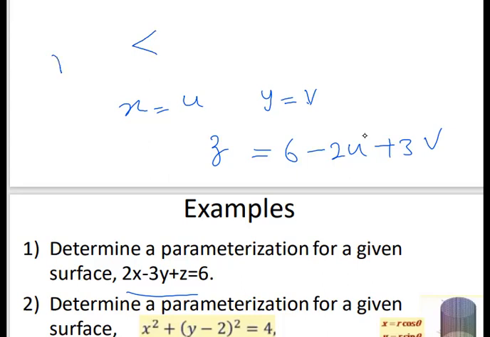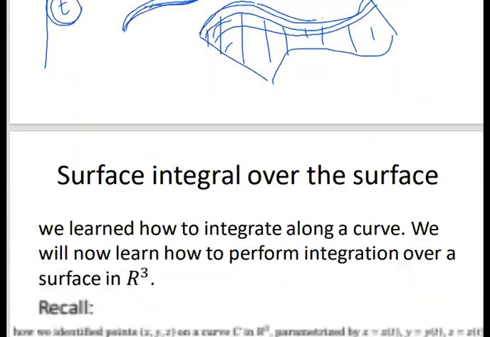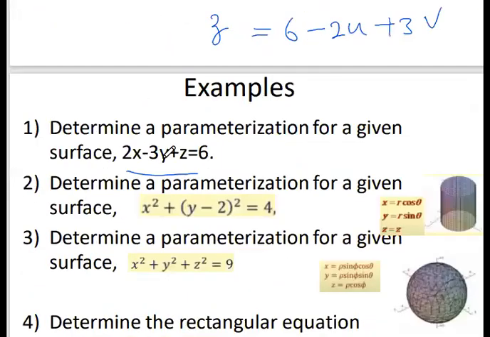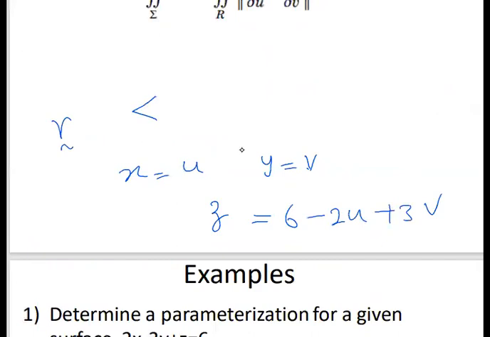So this is R. Remember earlier we used R of t. This time you have two variables, so R has u and v. What is my vector equation? The x component depends on u and v, here we don't have v.